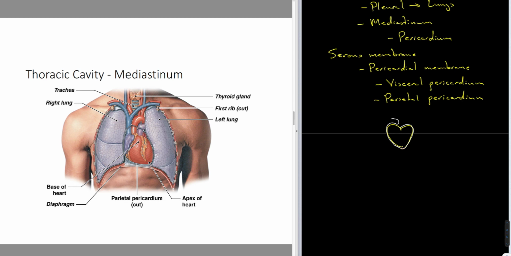Then it folds around on itself and reattaches. So this is the visceral side, this is the parietal side. So the visceral side attaches to organs, and the parietal side attaches to the outside, whether it be a body wall or maybe another organ.